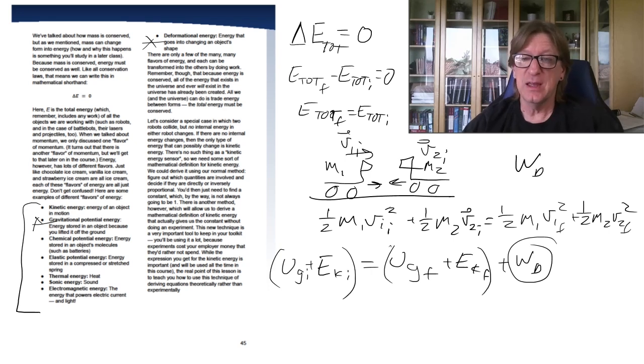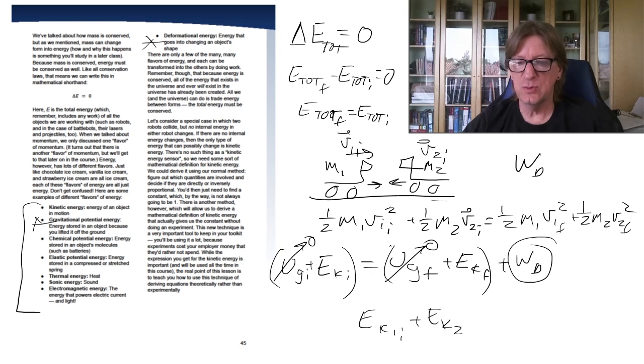For example, if our robots are both on the ground, then they don't have any gravitational potential energy. And so let's go ahead and put both robots in here. My EK1 initial plus EK2 initial must equal EK1 final plus EK2 final plus however much work went into deforming the robots.